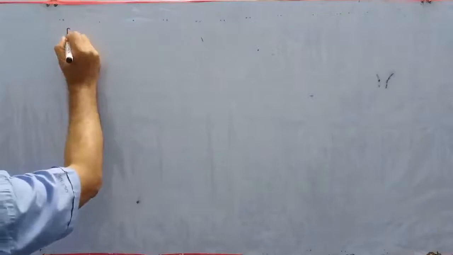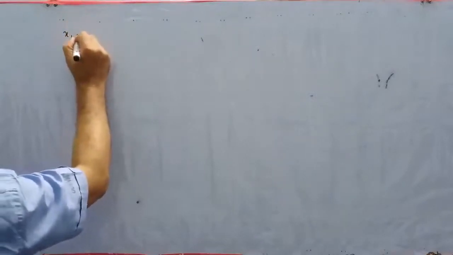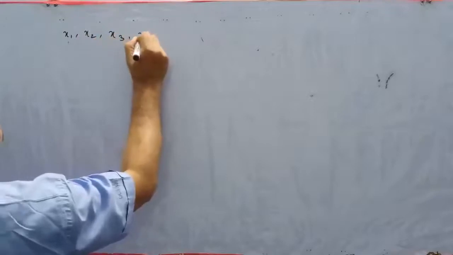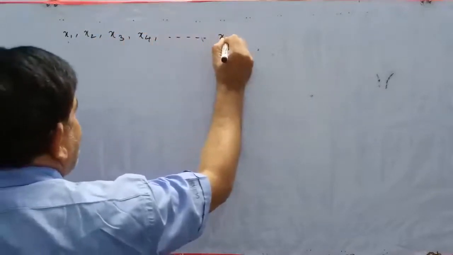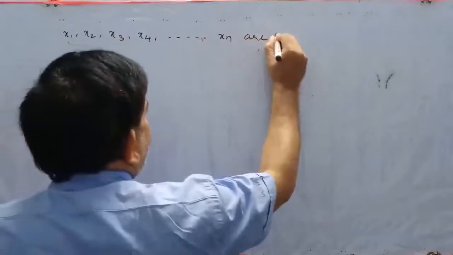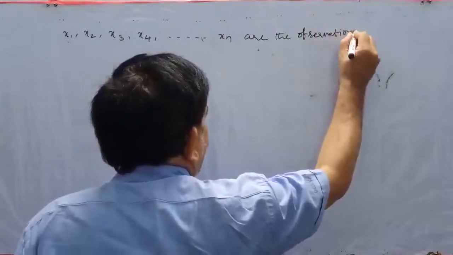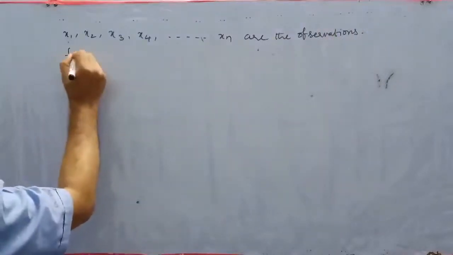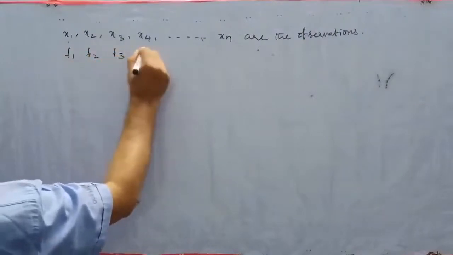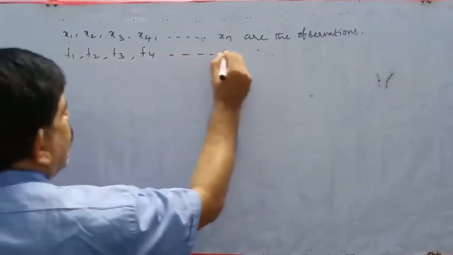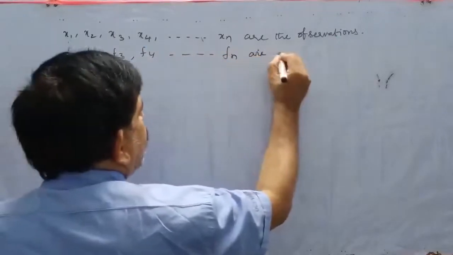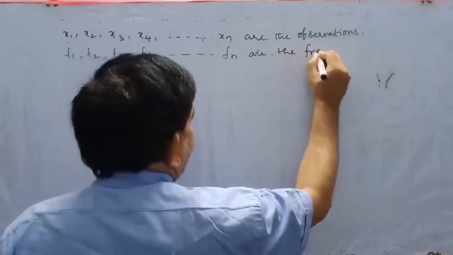When these observations occur with the frequencies, how do we find the average or arithmetic mean?